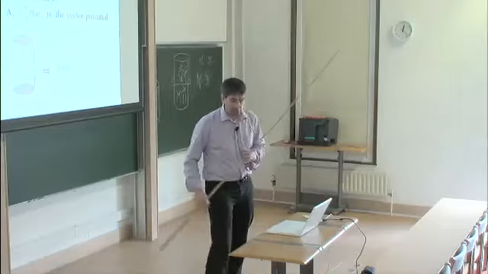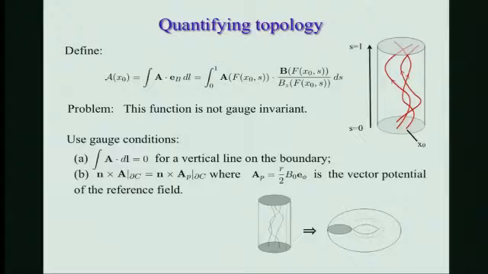The second condition here: I require the poloidal part of the vector potential on the lower and upper boundary to be equal to a reference field, and that reference field is a potential field with the same boundary condition.